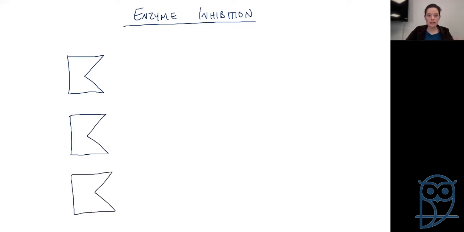Now this first enzyme, we're going to give him his substrate, okay? So there's a substrate, and it's going to be one that's breaking down, okay? So we're breaking a big triangle into 2 little triangles.